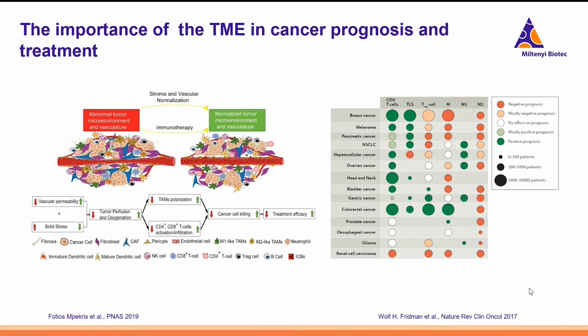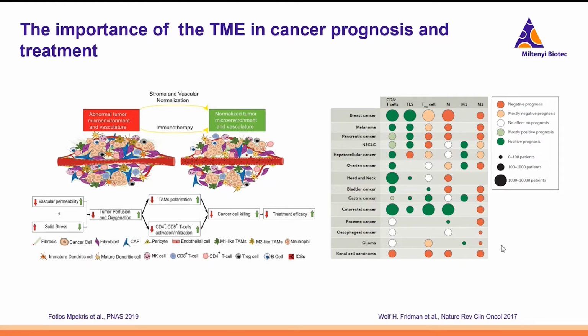The presence of CD8 T cells, TLS, tertiary lymphoid structures, as well as M1 macrophages in the TME is a good sign and indicates positive prognosis. That's what you see here in green.